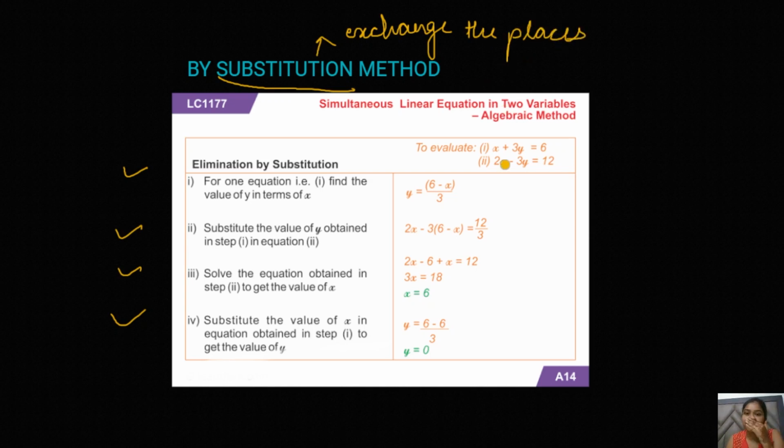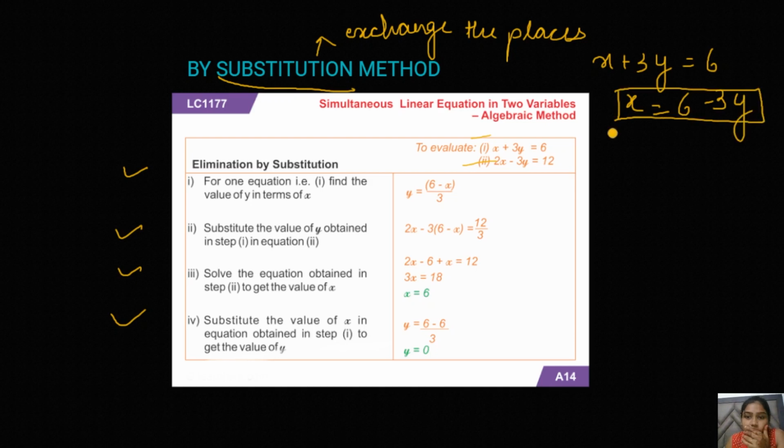Basically two equations will be given. You have to find the value of any one variable, like x plus 3y equals 6, so you can find x equals 6 minus 3y. Now substitute means to exchange the values, so put this value of x in the next equation.